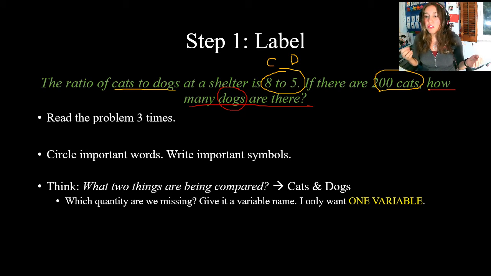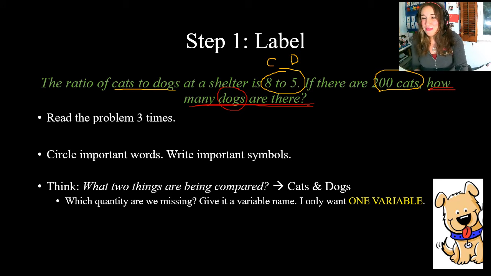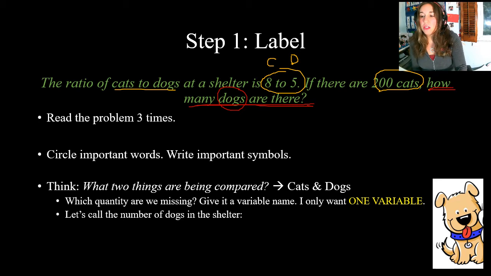And which one of those quantities is missing? Well, it's pretty obvious. It's asking how many dogs are there. So there's my variable right there. I'm looking for how many dogs, right? So let's call the number of dogs in the shelter X. And you could name it any variable. You could have named it D if you wanted, whatever you want to call it. Just give it a variable name. That's my one variable. So now I can move into the translation step. I've labeled my variable. I'm all set.